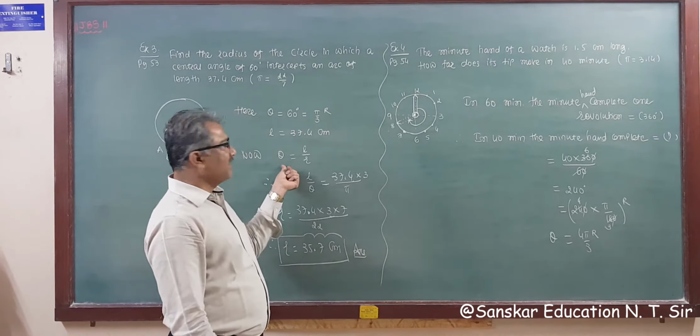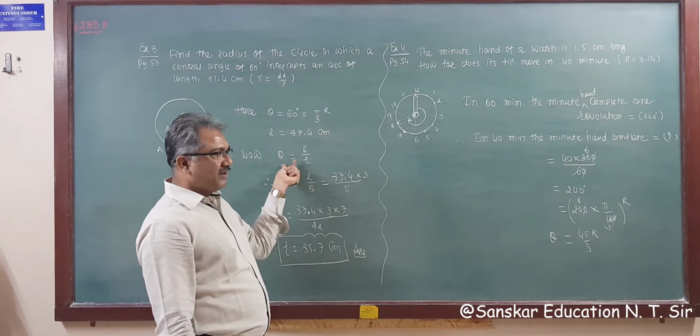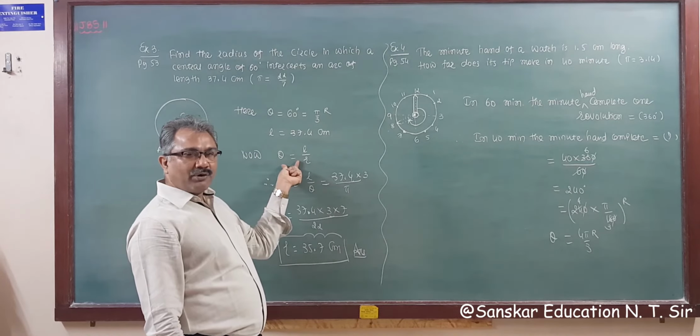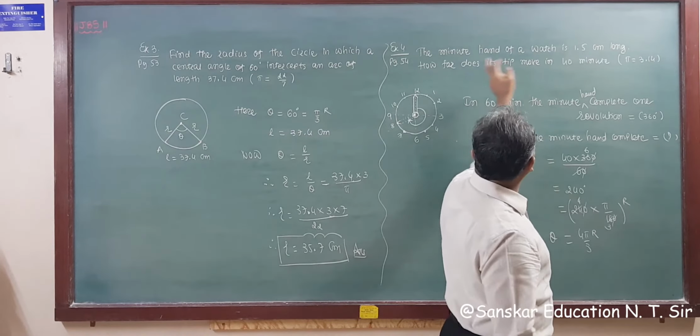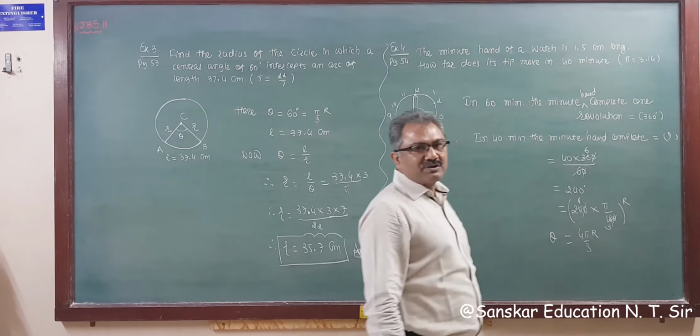Now you have the formula theta is equal to L upon R. So radius is given. The minute hand of a watch is 1.5 centimeter long.